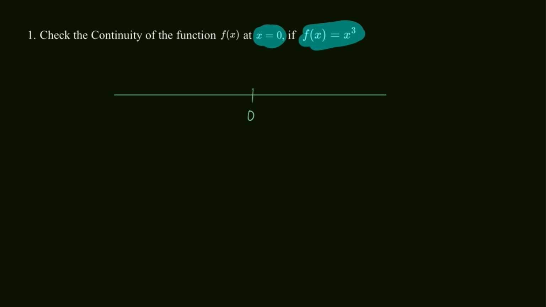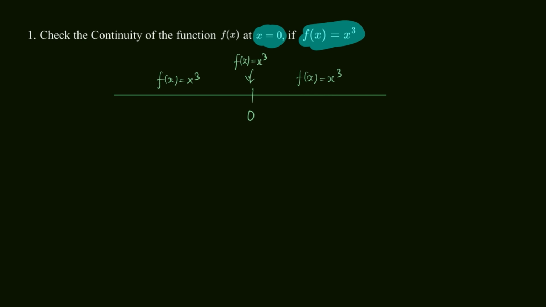On the right hand side of 0, the function is x cube only, on the left hand side of 0 also the function is f(x) equals x cube, and at x equals 0 the function is x cube only. That means this function is the same on the whole real number line. So if the function is the same on the left hand side and the right hand side of 0, then we simply calculate the limiting value. We will not calculate left hand limit and right hand limit separately, since the functions are the same.